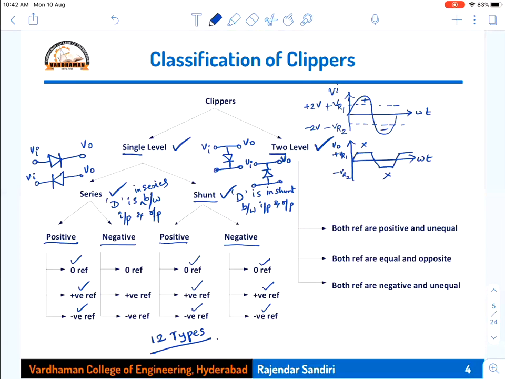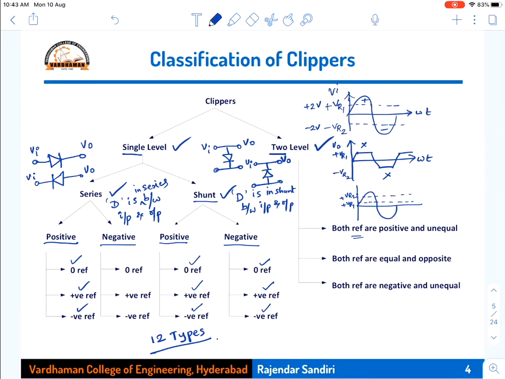In that case, there are three types. First, both references are positive and unequal. The sine waveform is like this, and you have one level here and another level here. Maybe one is plus VR1, the other one is plus VR2. The middle portion will appear, while the upper portion and lower portion, below VR1 and above VR2, will be clipped off.